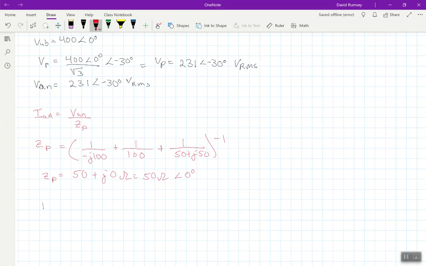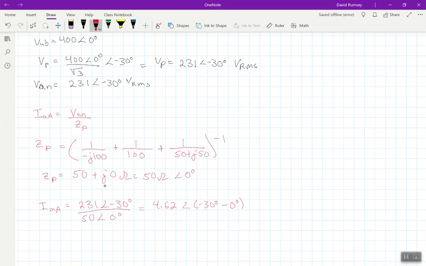So we still compute IAA the same way here. And I like it in polar format, because what would we have here? We'd have 231 at an angle of negative 30 degrees. And I'm still going to write this as an angle of 0 degrees just to illustrate a point here, divided by 50 at an angle of 0 degrees. So 231 divided by 50 would be 4.62, and this would be at an angle of negative 30 degrees minus 0 degrees, which of course is still negative 30 degrees.